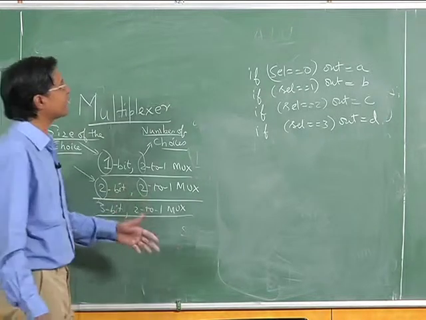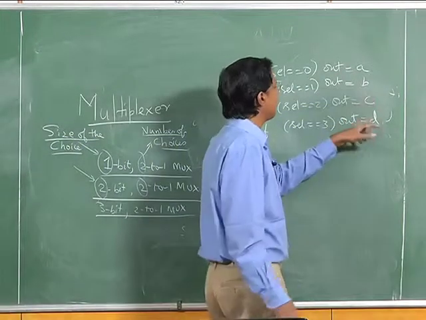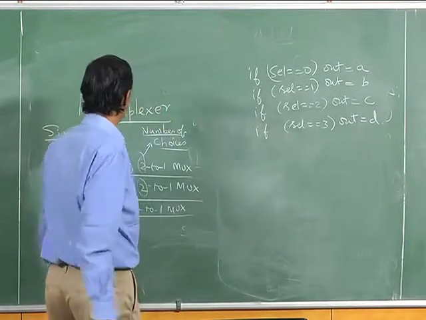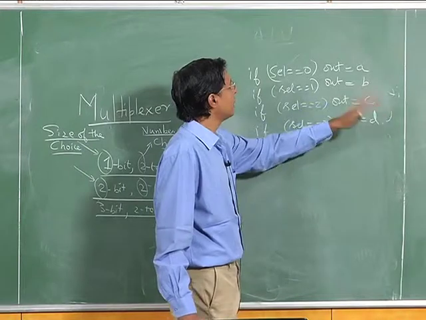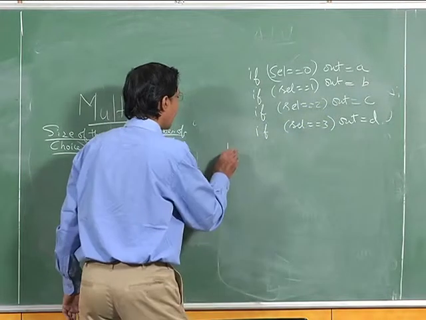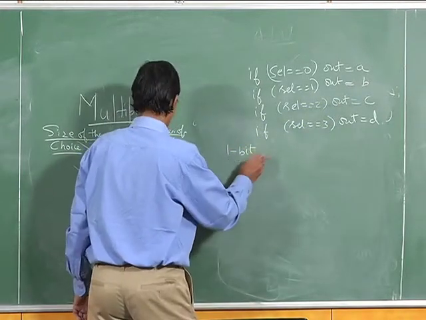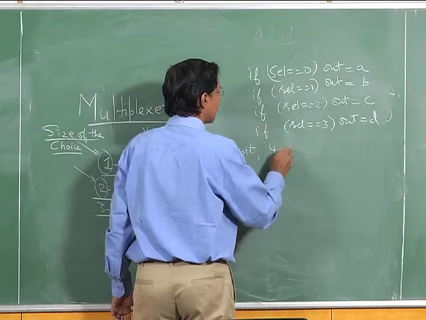There are 4 choices between A, B, C and D. Let me assume to start with each is a 1-bit number. So, I need a 1-bit 4 to 1 mux.